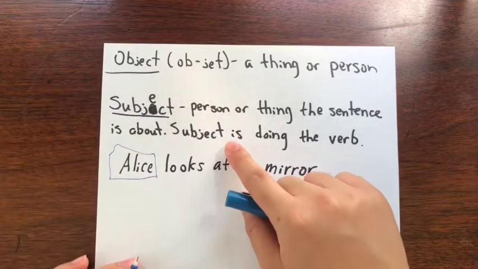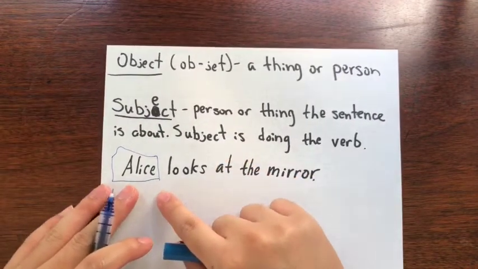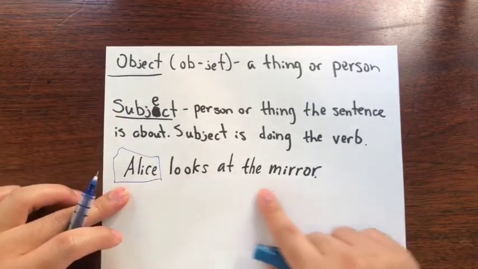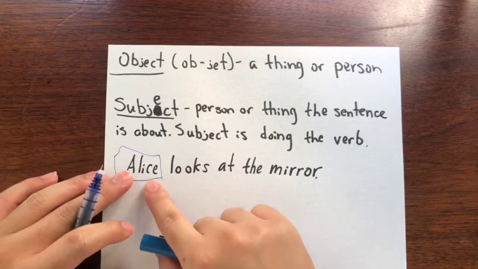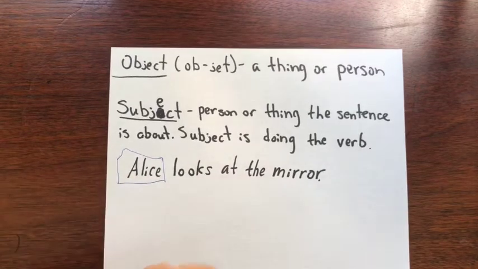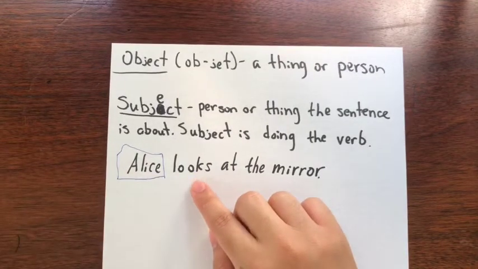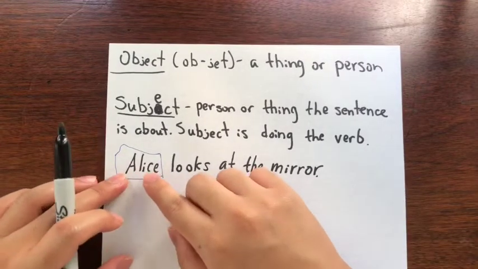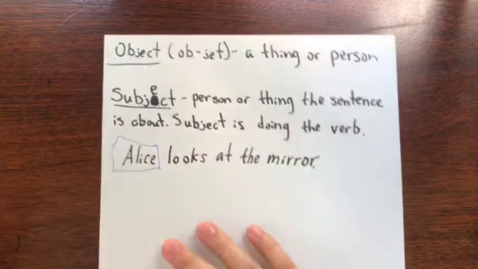The subject is the one who is doing the action. So Alice is the subject because this sentence is about Alice. Alice is doing the action here. The action is looking. She looks in the mirror. So the subject of this sentence is Alice.